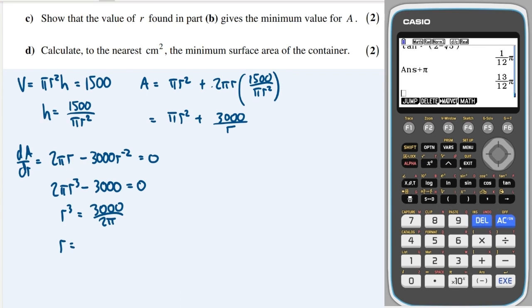The cube root, oh no, come on. Right, got there in the end. 7.816.